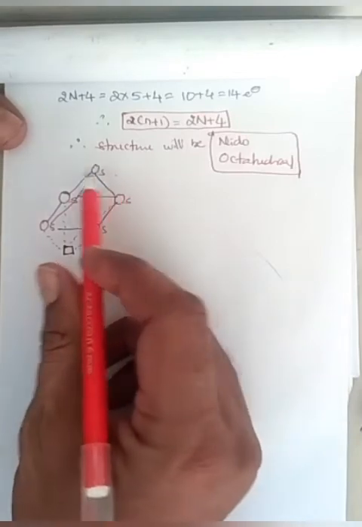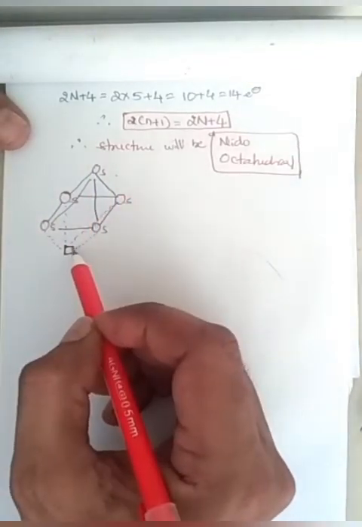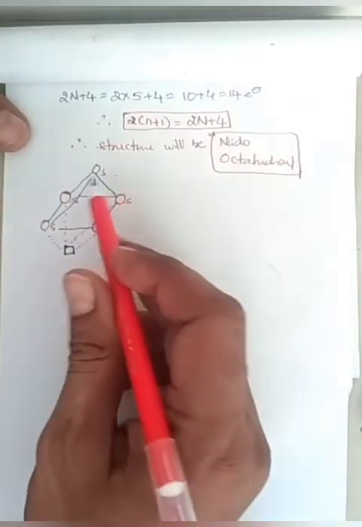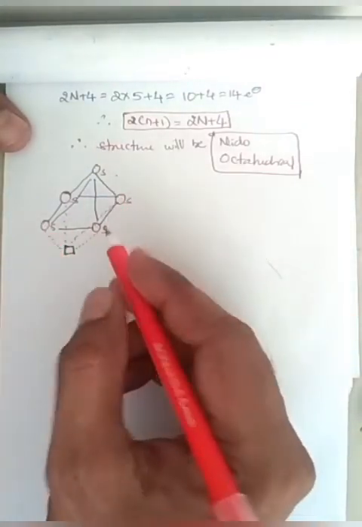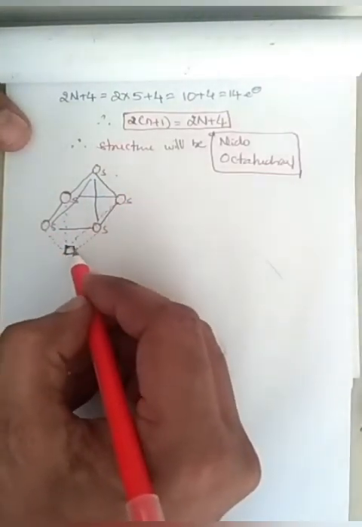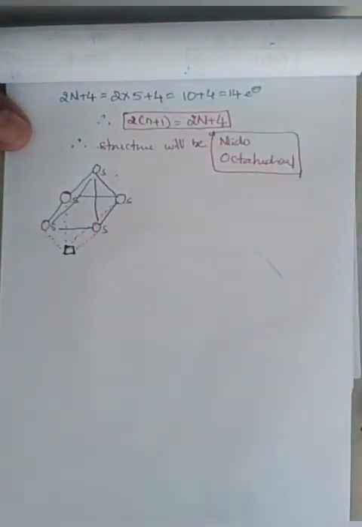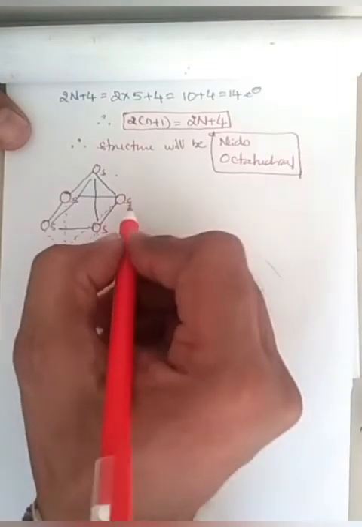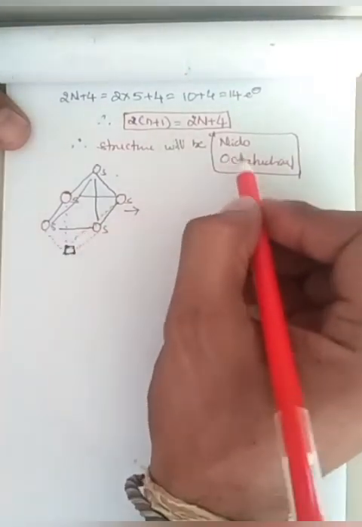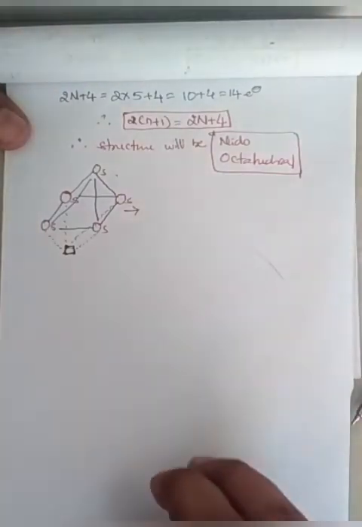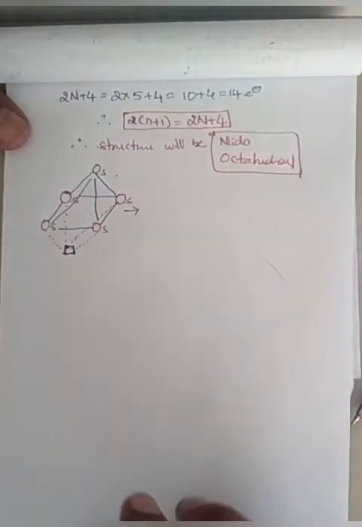So if the empty space is occupied, it looks like an octahedral polyhedron, where one of the osmium is missing from the polyhedron structure. So this reflects the Nido octahedral structure. So as per the example, it will have the structure of Nido octahedral.